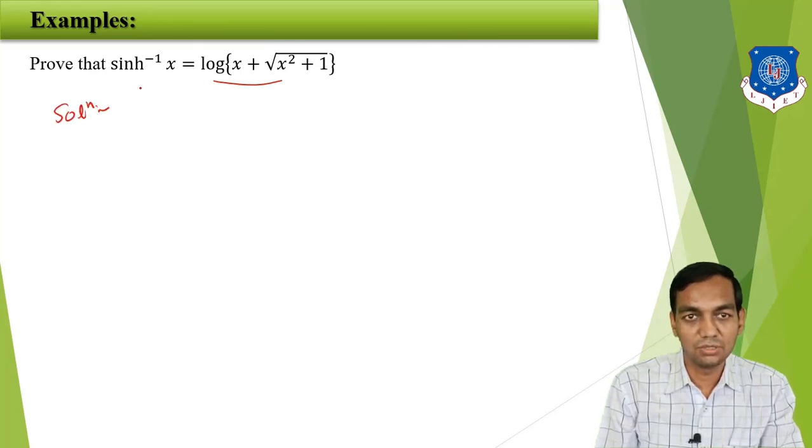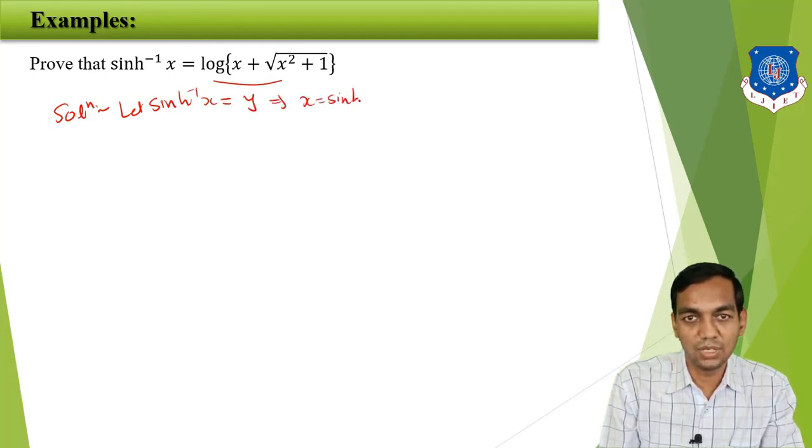Again, we are starting with the solution. Let sin hyperbolic inverse x be equal to y, and that will give x equal to sin hyperbolic y. But sin hyperbolic y is e raised to y minus e raised to minus y upon 2, and that will give you 2x is equal to e raised to y minus 1 upon e raised to y.